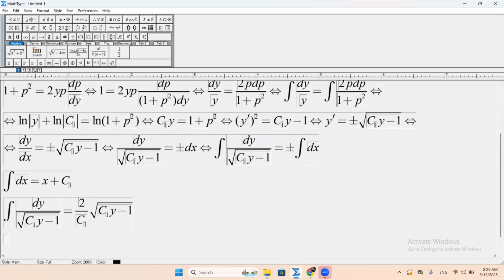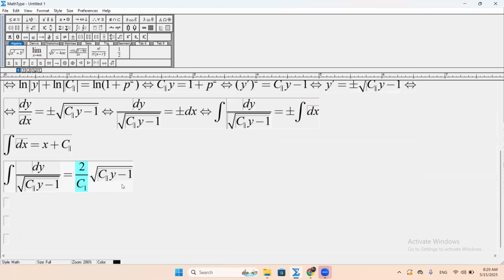And now let's express y explicitly. So y equals plus minus x plus c2. Okay.